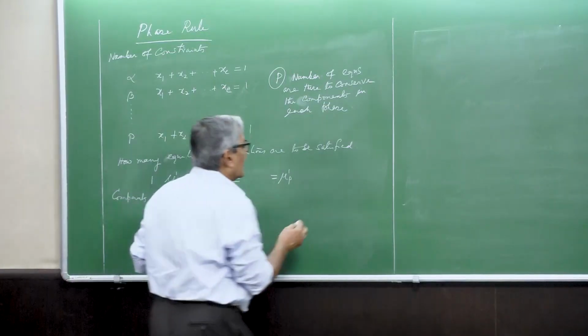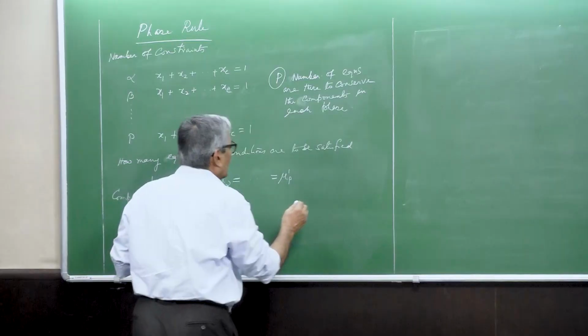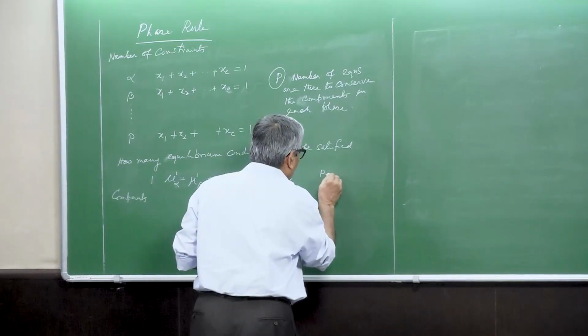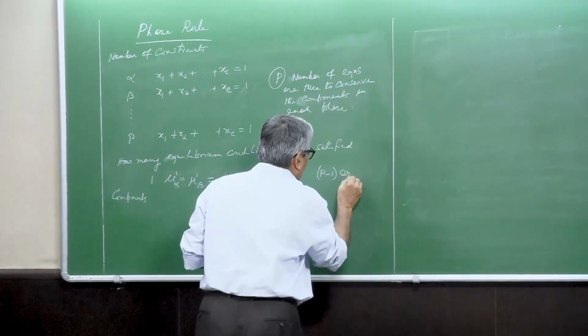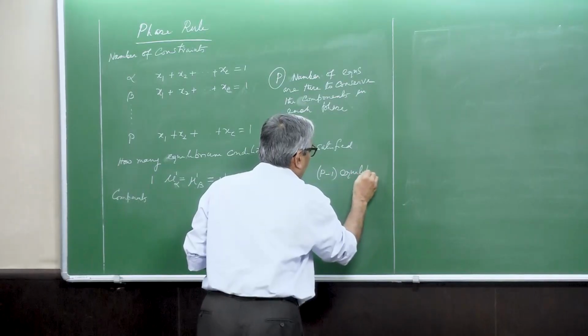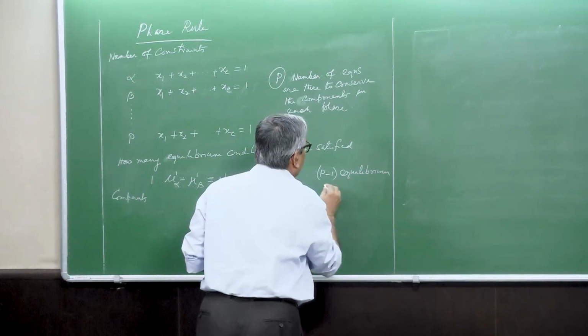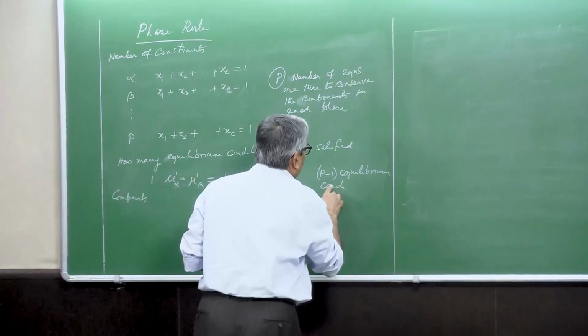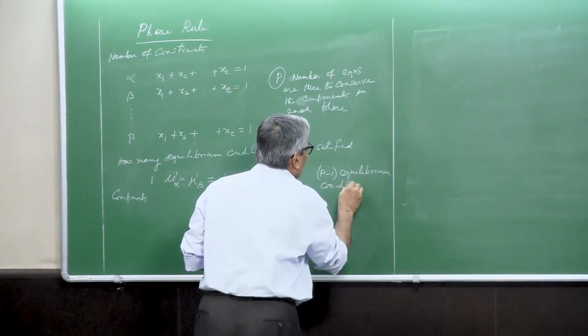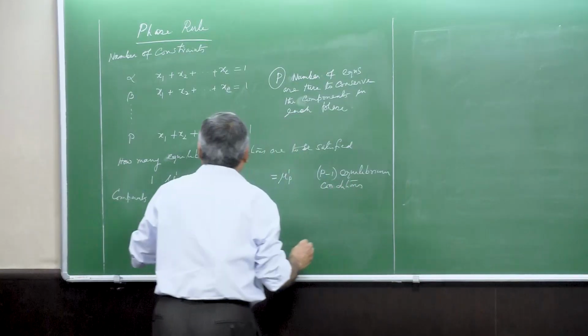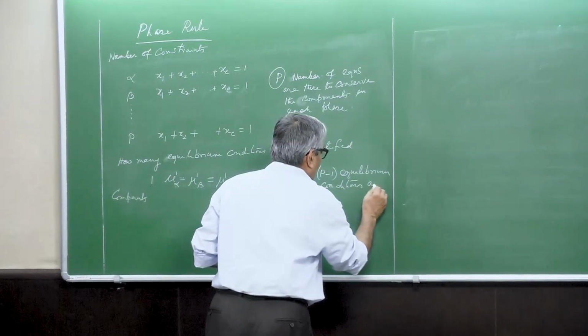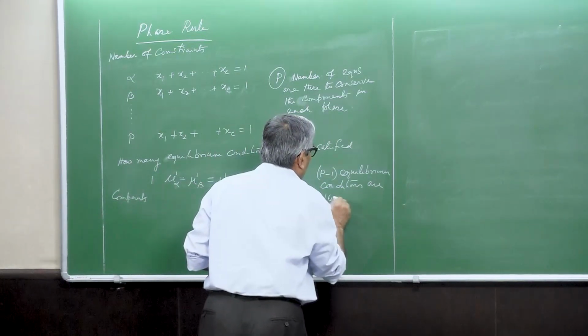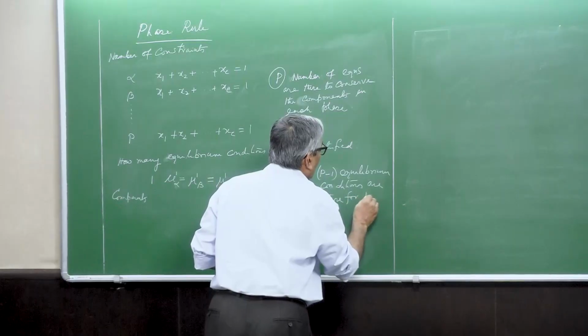So P minus 1 equilibrium conditions are there for one component.